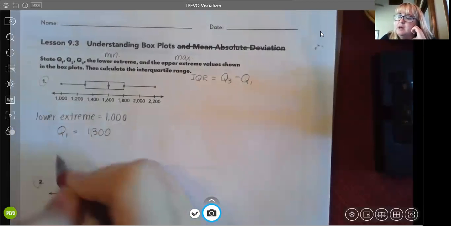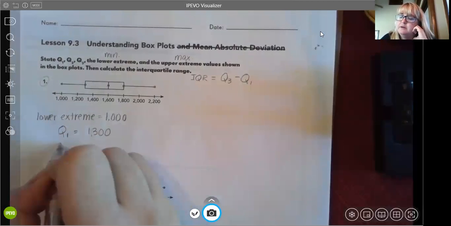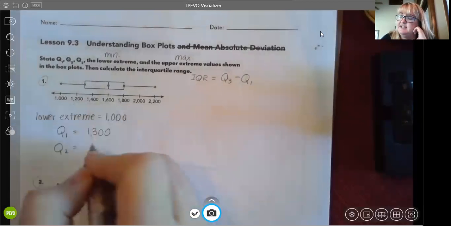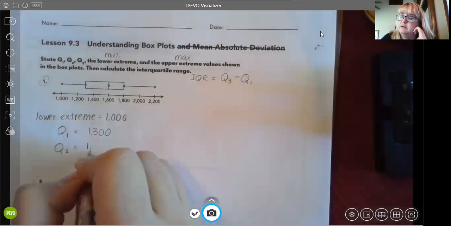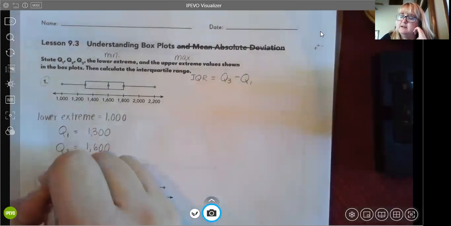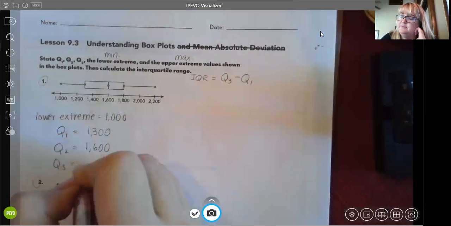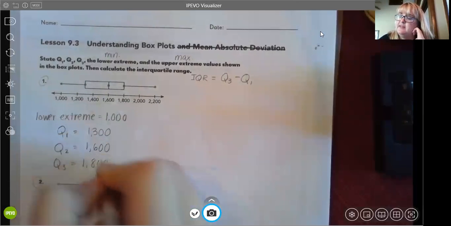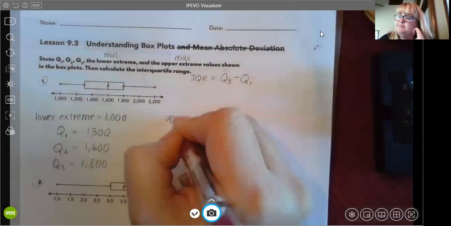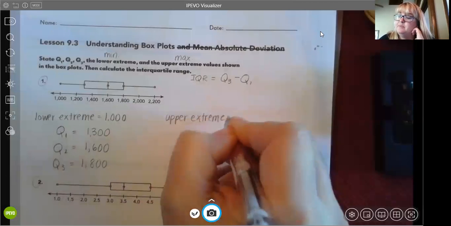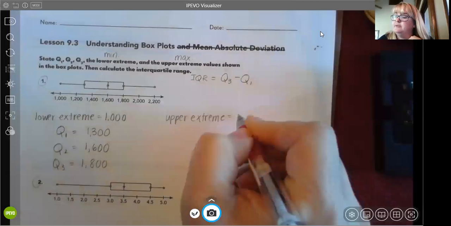Q2 is this one, and that is right over 1,600. Q3 is this one, which is over 1,800. And then our upper extreme, our maximum, is 2,200.